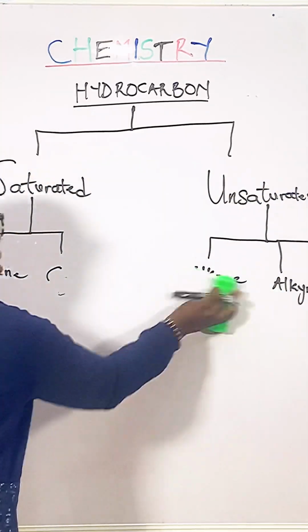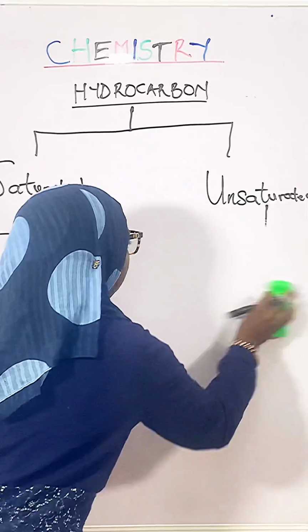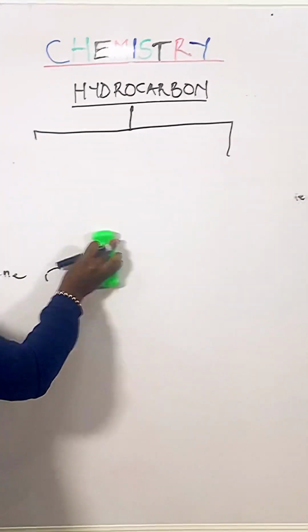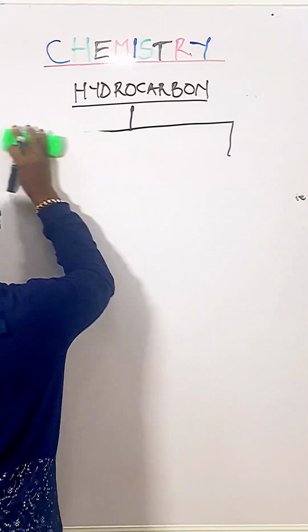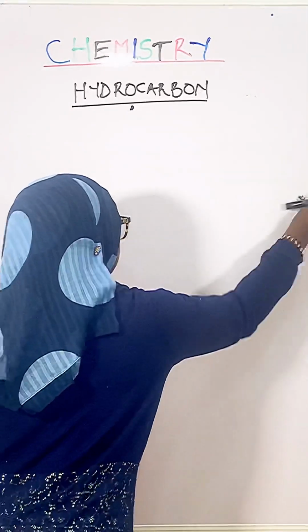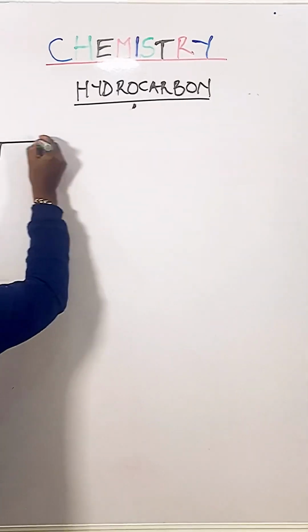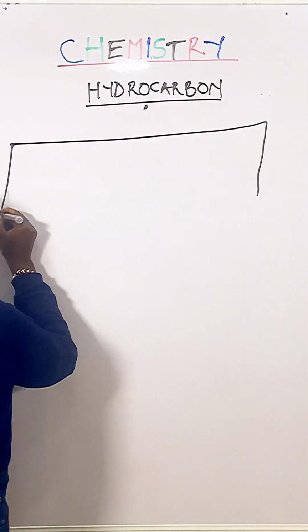Now let's quickly look at how they come about the names. For an organic compound that contains just one carbon atom, we derive their name from what we call meth. I'm going to draw a short table, then I will fill in those things for you.